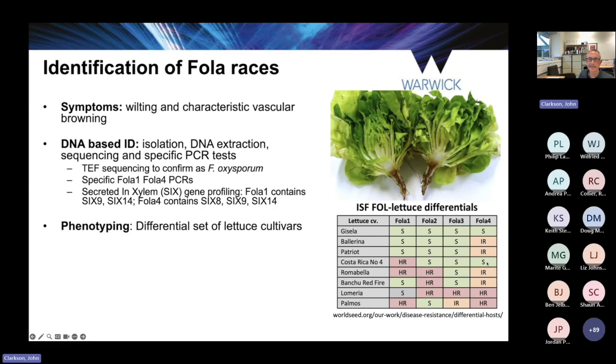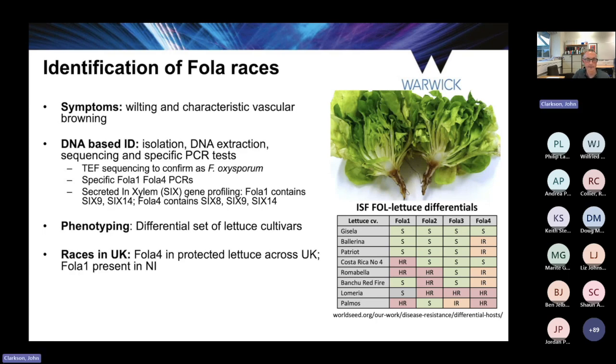So that would be a key differential for distinguishing race 1 and race 4. Similarly, Lomaria here is susceptible to race 1 and highly resistant to race 4. So phenotyping is also an important part of confirming race identification.